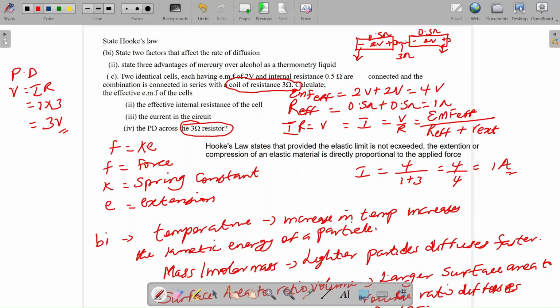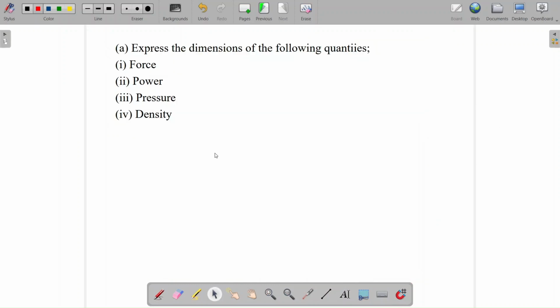Looking at how to express the dimension of the following, I should leave this one for you to do. If you are to express the dimension, I believe you've been taught dimension.